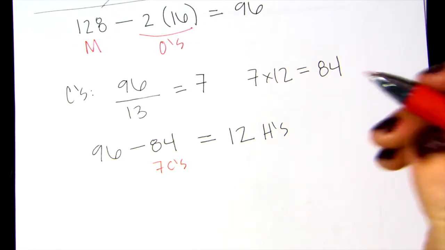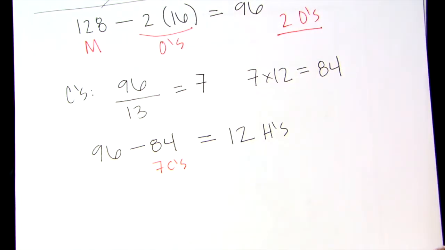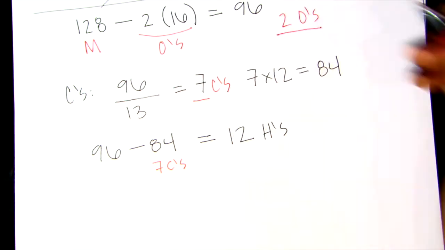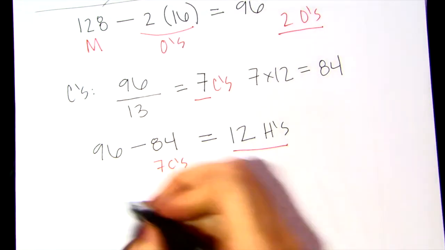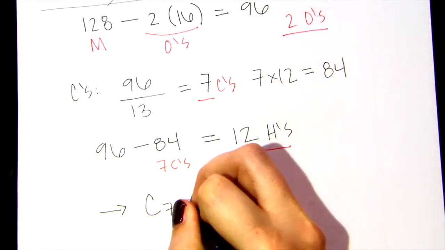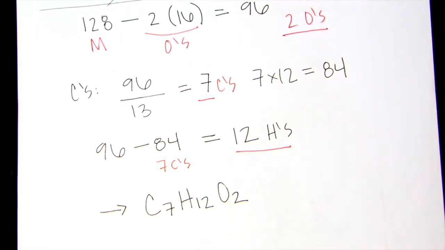So it looks like from this we have 2 O's that we're assuming from the IR for a carboxylic acid. We have 7 carbons and 12 H's. So putting that all together, we get C7H12O2.